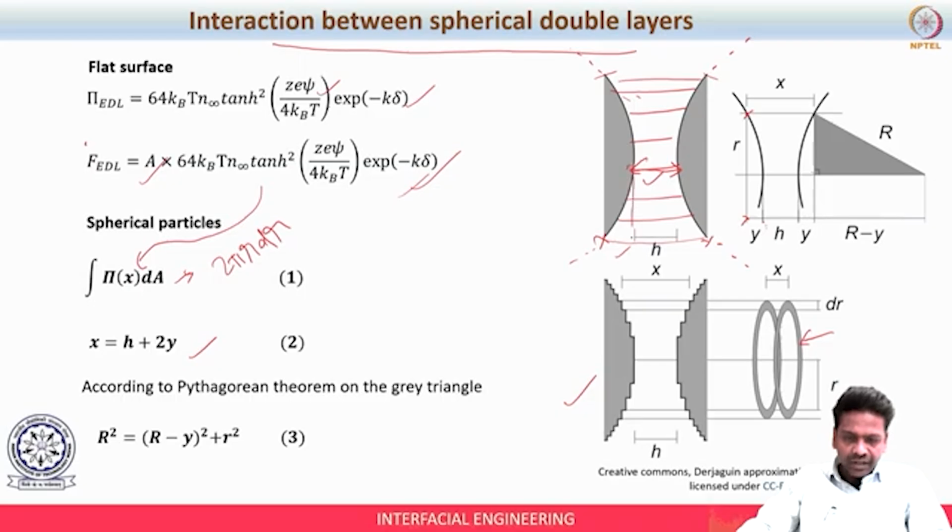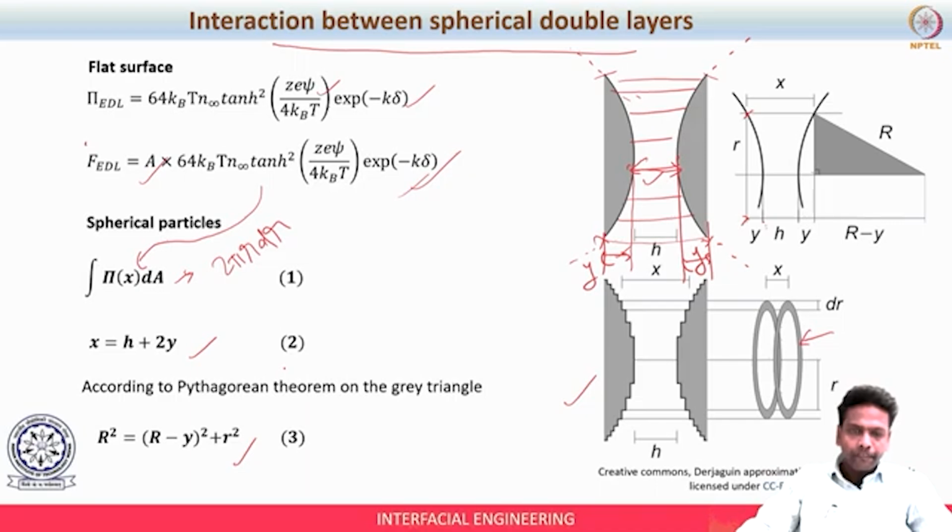If I extrapolate these two, this is my y, and in a similar way, if I extrapolate these two, this is my y. So in this case x is nothing but h plus 2y. We will see how this geometric relation will be useful.